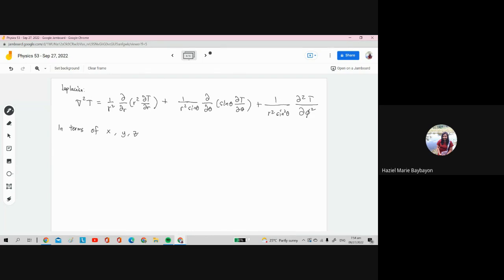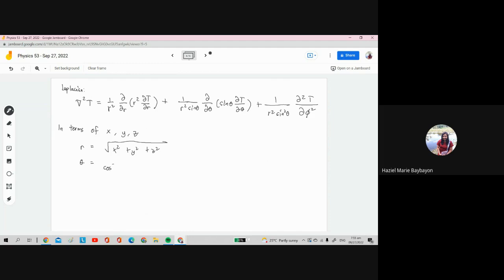Okay? So your r is just equal to the square root of x squared plus y squared plus z squared. So if you are given the x, y, z coordinates, you can actually get r. Once again, r is the length of the line joining the origin and your point P. And then your theta can be obtained using this.